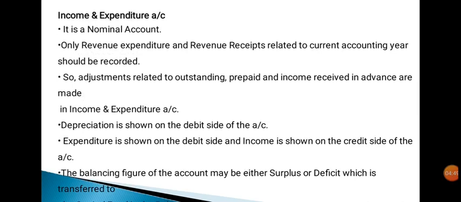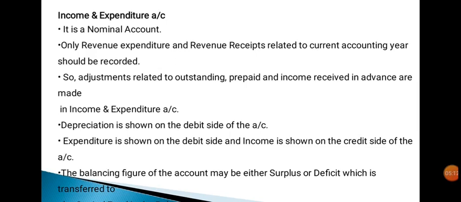The next account prepared by a non-trading concern is income and expenditure account. And regarding the features of income and expenditure account, it is a nominal account. And the rule for nominal account is debit all expenses and losses, credit all incomes and gains.